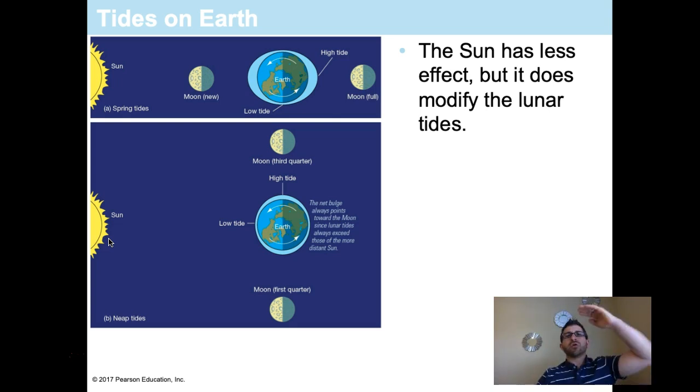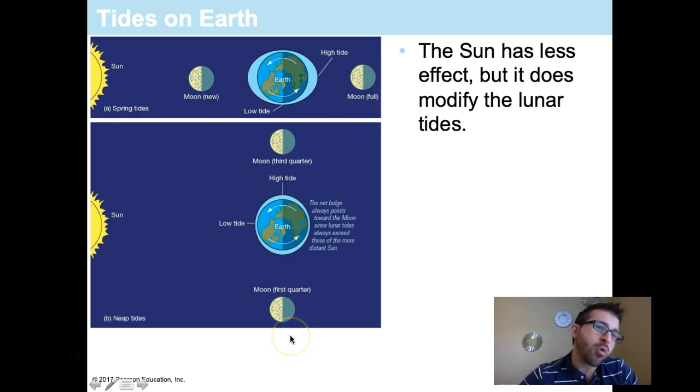In other words, your high tide is actually a little bit lower than normal, and your low tide is a little bit higher than normal. And so the variation in tides throughout a single day is lower. This happens when the moon is at third quarter or first quarter. Once again, notice they're at a 90-degree angle, Sun, Earth, Moon, and that's why we produce a neap tide.